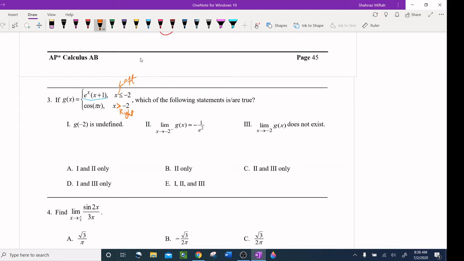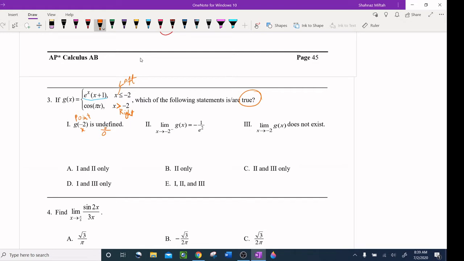Now let's read this, which statements are true. g(-2) is undefined. -2 means they are talking about a point. Like if the x value is -2, then what is the y value? Do we even have a y value there, or is it undefined? Undefined is when you have a 0 in the bottom, okay? But that's a number over 0. Let's plug in -2.